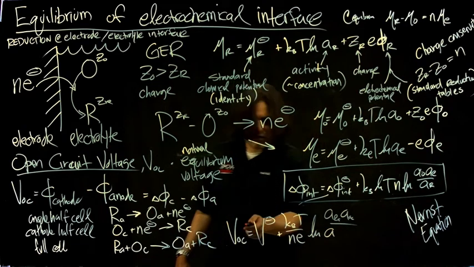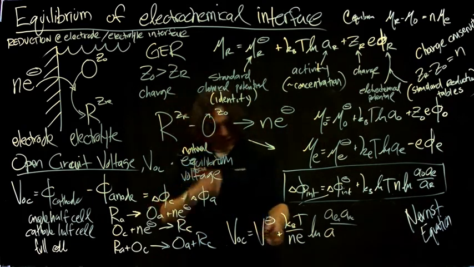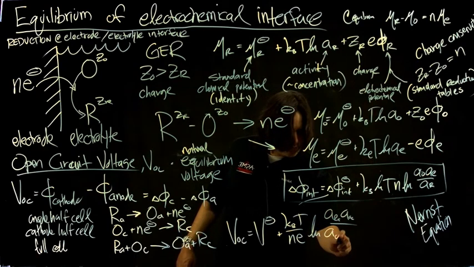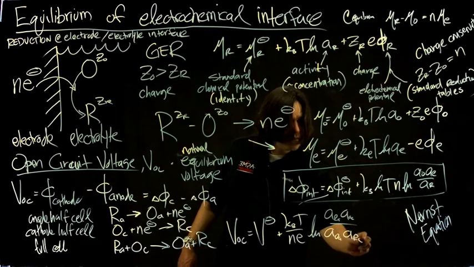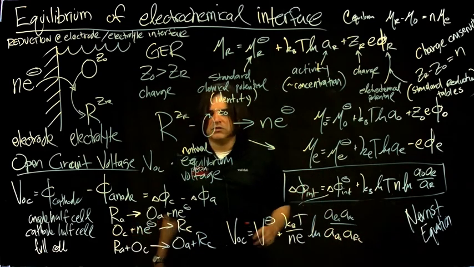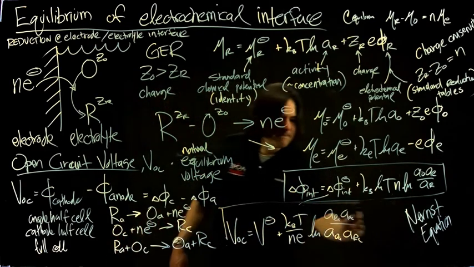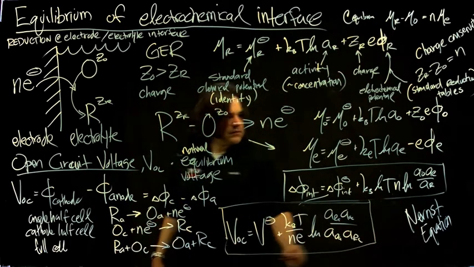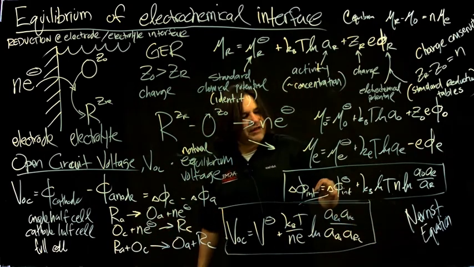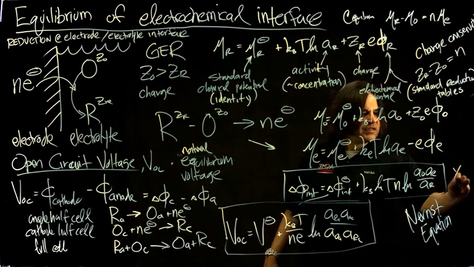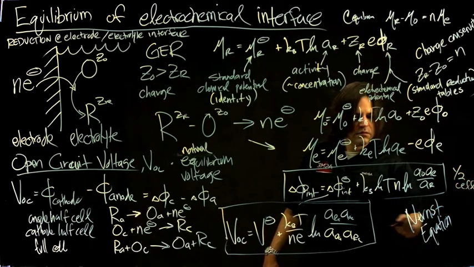So it depends on just the identity of your electrodes and the concentrations. So that will be the Nernst equation applied to the whole cell. This is for the interface, half cell. This is whole cell.